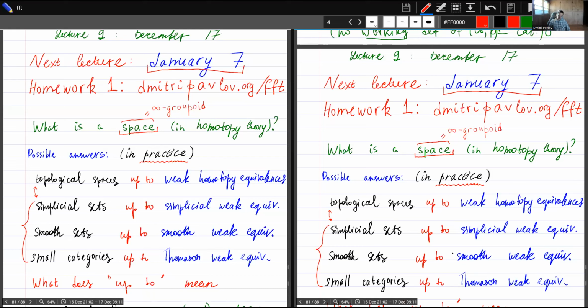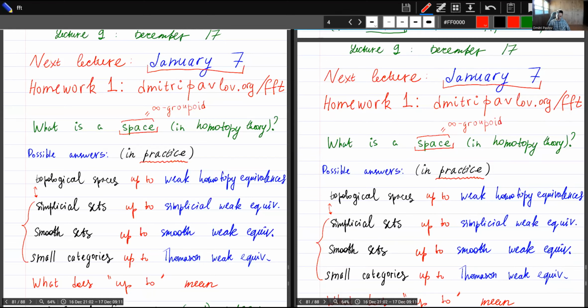And finally, there's this really weird model where you model spaces or infinity groupoids as small categories. And this may be perhaps the least intuitive model, but often it is very practical. It's connected to simplicial sets via the nerve functor, and the assertion implicitly contained here is that any space is weakly equivalent to the nerve of a small category.